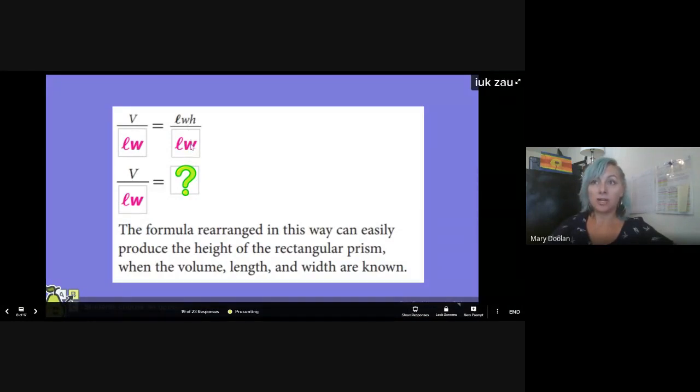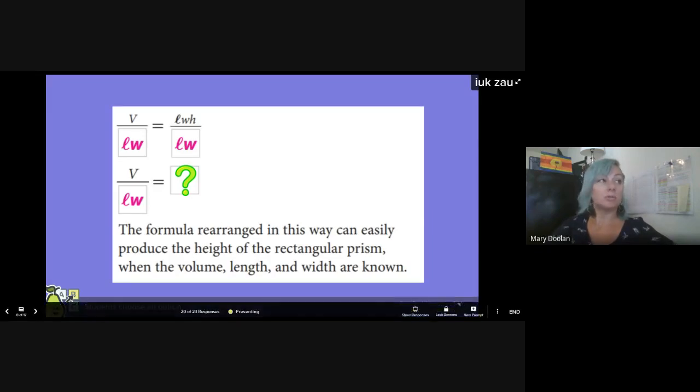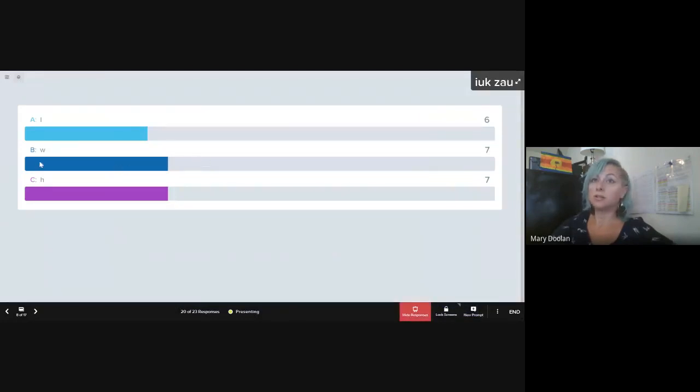So W divided by W is 1. The W disappears, so it is not W. So you should change your answer if you pick W. It is not W.